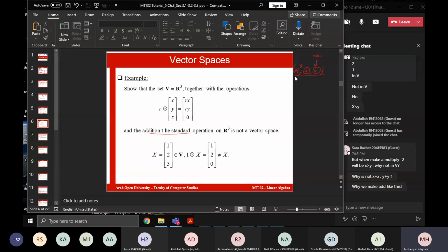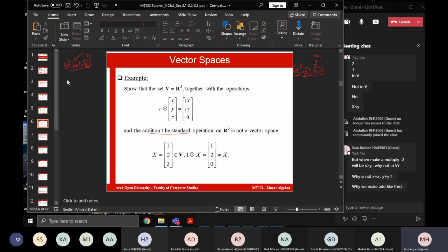So what? We know that this one with this one has no problem. It's always okay, because we had a theorem that R3 with the standard addition and standard scalar multiplication is a vector space. This one is already the standard. Now, if there is a problem, it will arise from the scalar multiplication. We have 5 conditions for scalar multiplication, correct?